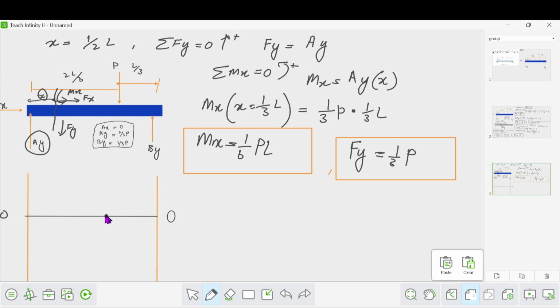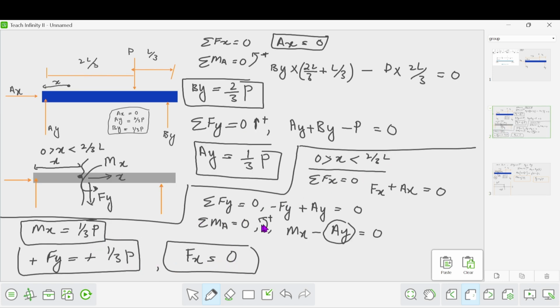At this P position, this is 1 by 3 into P, and from here it is negative 2 divided by 3P, which I have calculated here. This P is in anticlockwise direction, so it will be taken as positive.